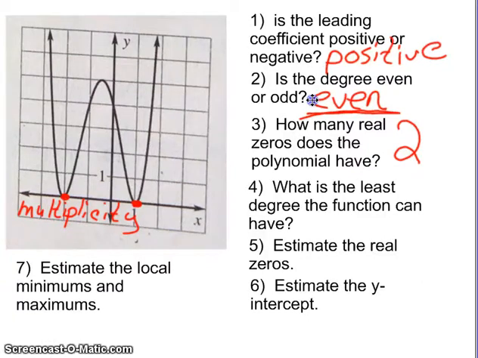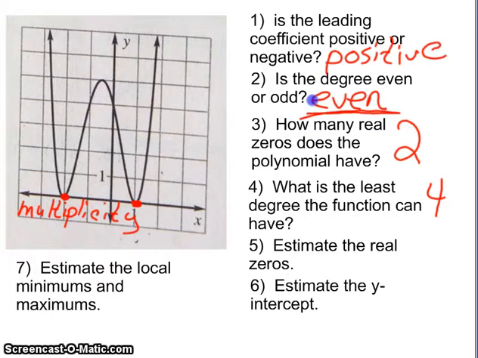And so we know that each of those zeros is a double root. And so this is going to be a polynomial of at least degree 4. It has to be even. It has to be greater than 2. We've got 2 zeros on the left root and 2 zeros on the right root.